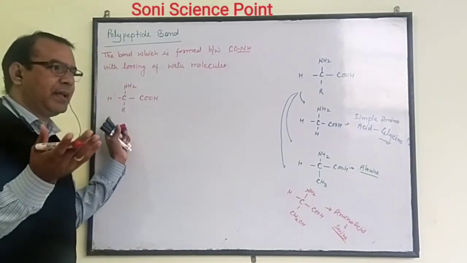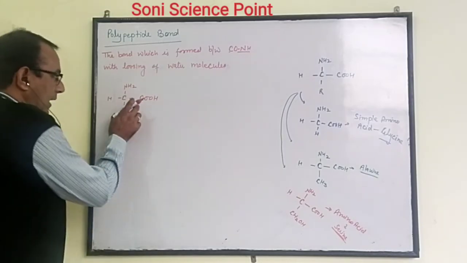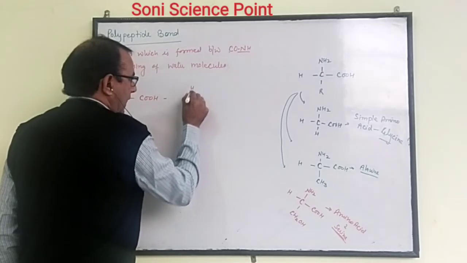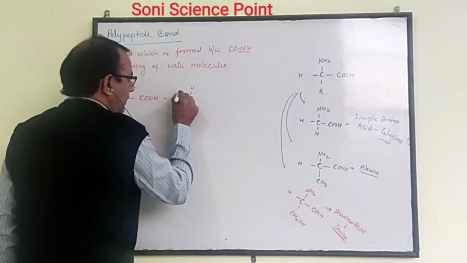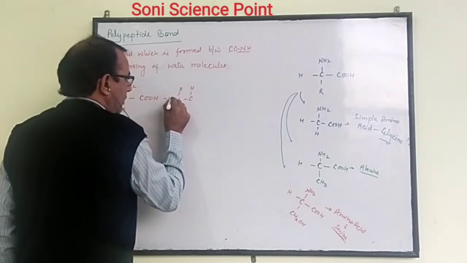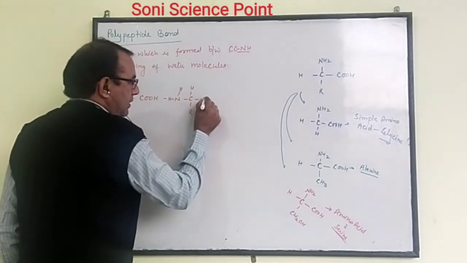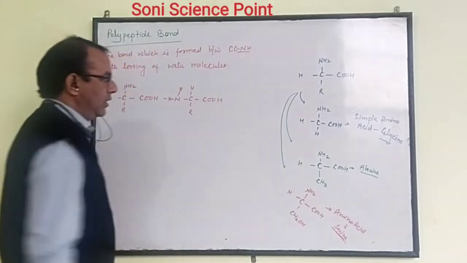This is a simple, maybe any type of amino acid. It is attached with another carbon that contains H, NH2, the same amino group, with R on one side and COOH on the other.